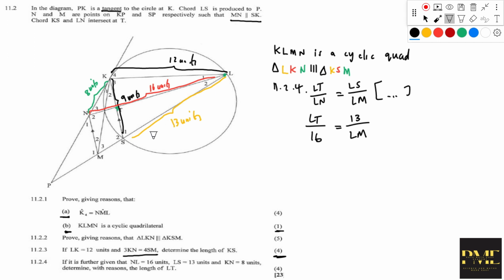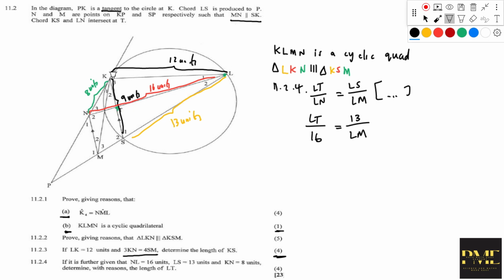But however, notice here that MS is found in this triangle that we said is similar to this triangle over here. Do you see? This triangle here has sides 12 units and 8.